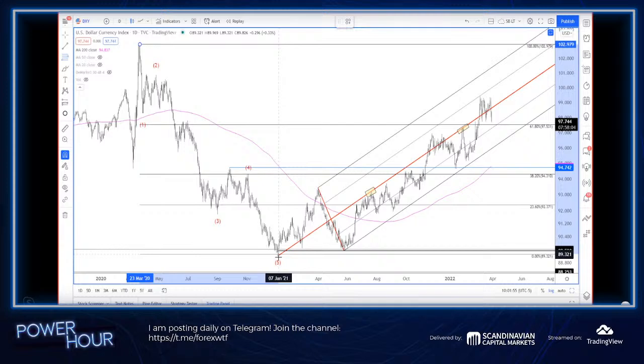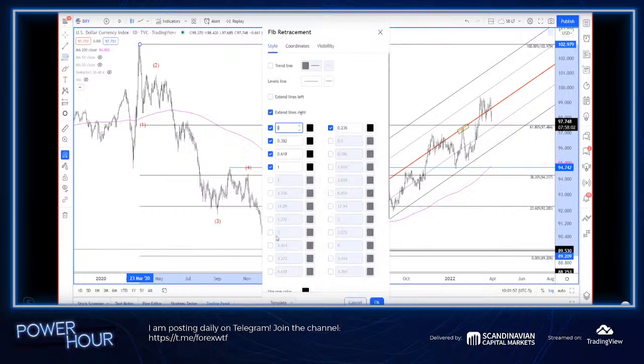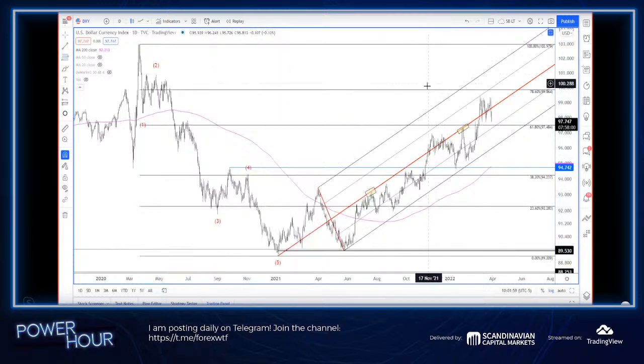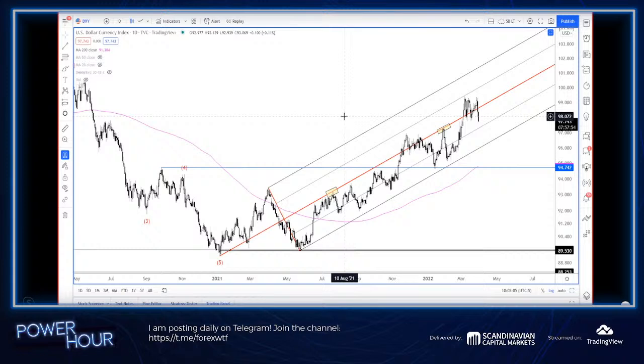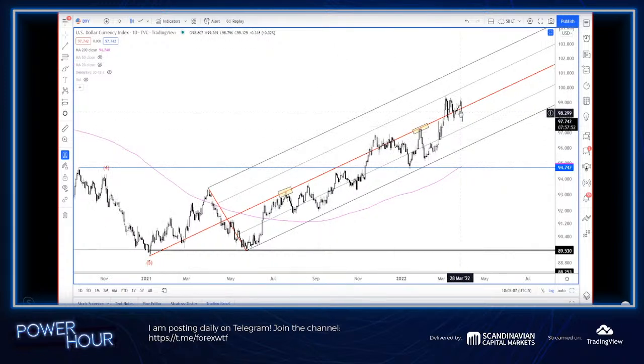However, I did want to bring in DXY here, of course. We'll take a look at euro in a second, but now we've definitively broken again the center line, the median line of the fork that goes back to the 2021 low.